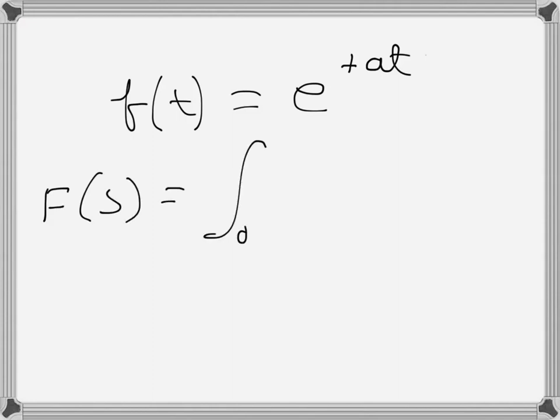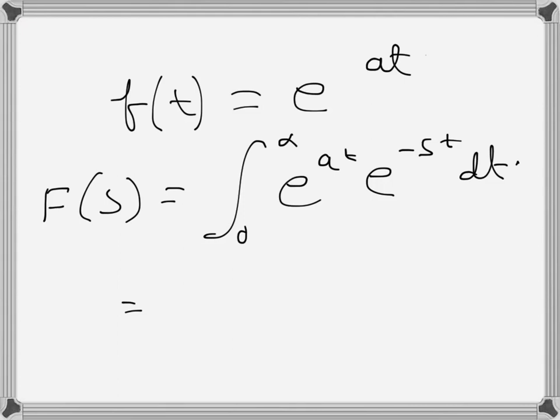So 0 to infinity, this is just e to the power at times e to the power minus st dt. This one we can write as 0 to infinity e to the power minus (s minus a)t dt.